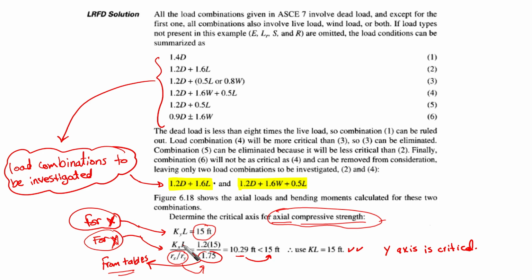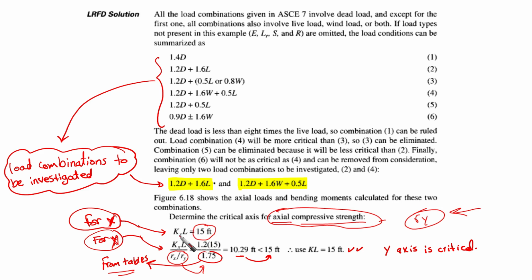As we said, we cannot enter the table unless we modify the Kx, because the leftmost column is related to the radius of gyration ry. So we need to enter the table by modifying this, multiplying rx over ry in the denominator. You can recall this from the videos related to the column tables.